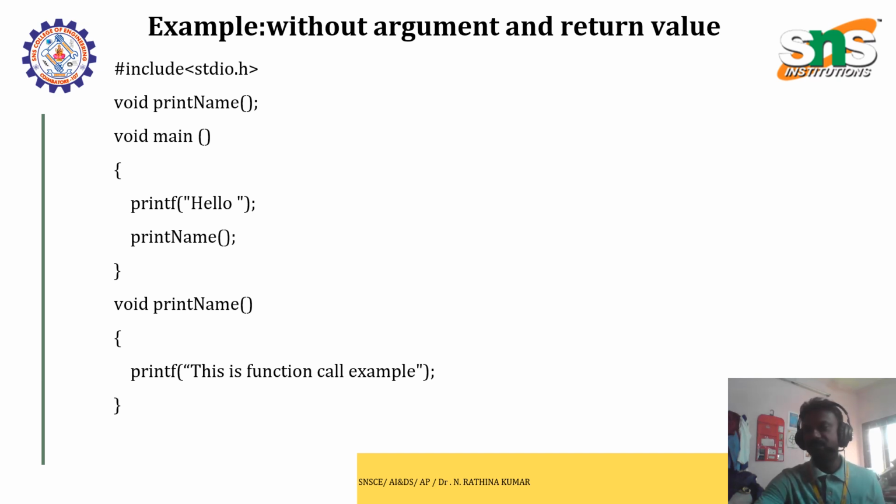In general, functions can be called either with or without arguments and might return values. They might or might not return a value to the calling function. So this is possible.